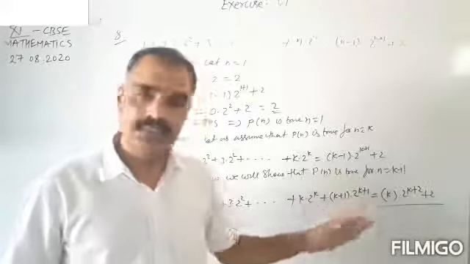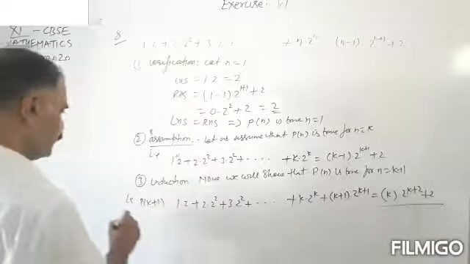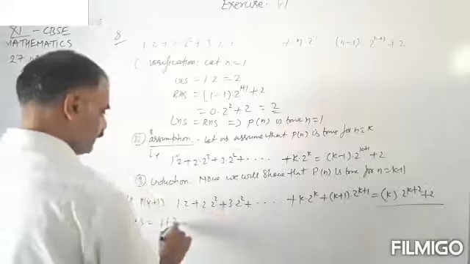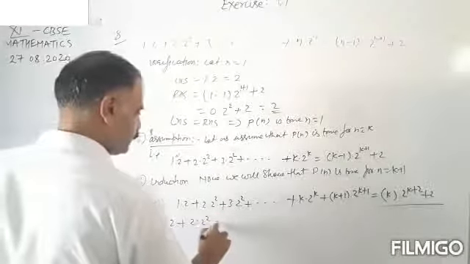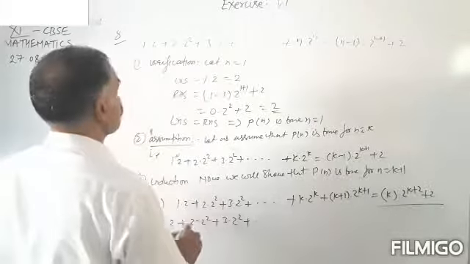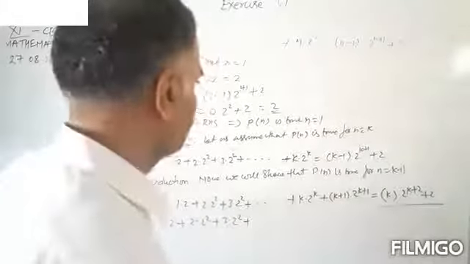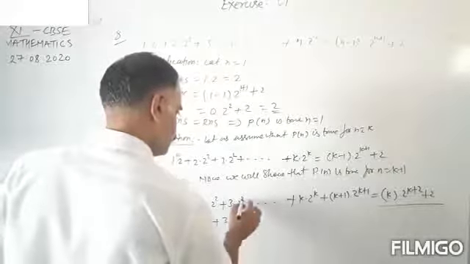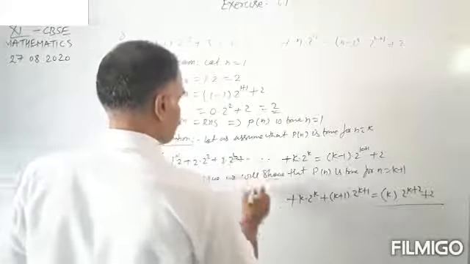So starting with the left hand side. The left hand side of this statement is 1 multiplied by 2 plus 2 multiplied by 2 square, 3 multiplied by 2 to the power 3, plus and so on, plus k multiplied by 2 to the power k plus (k plus 1) multiplied by 2 to the power (k plus 1).